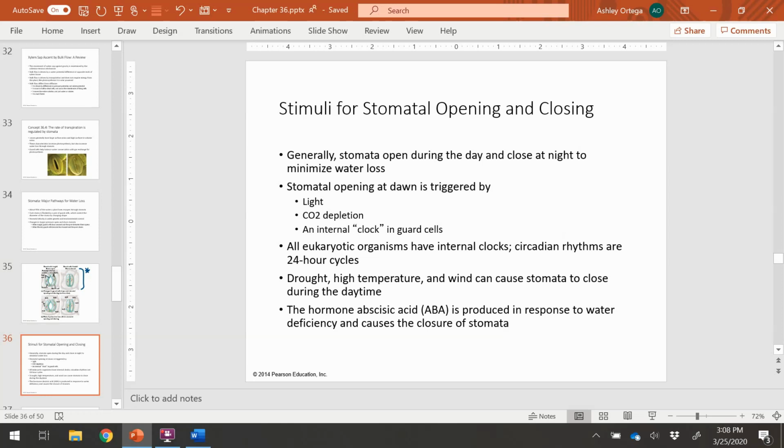And lastly, they have an internal clock in the guard cells that can regulate when they open based on the amount of time that passes in a day span. And so these two bullet points, you'll want to know. There are other things, as you can see here, but we will focus on those.